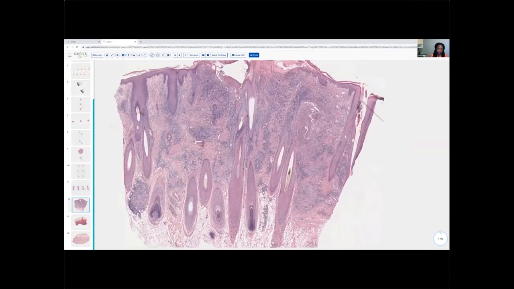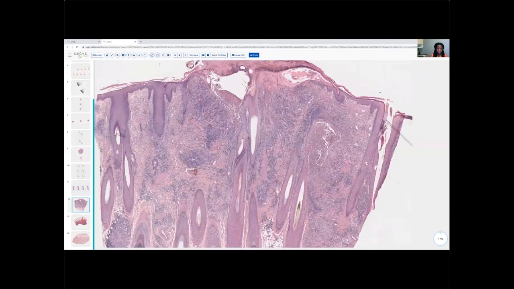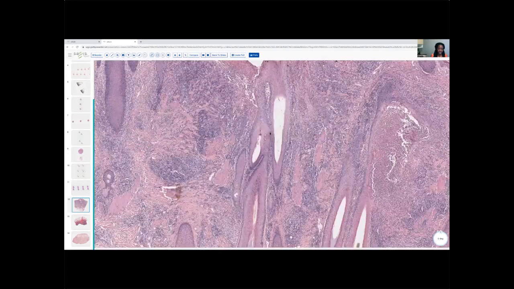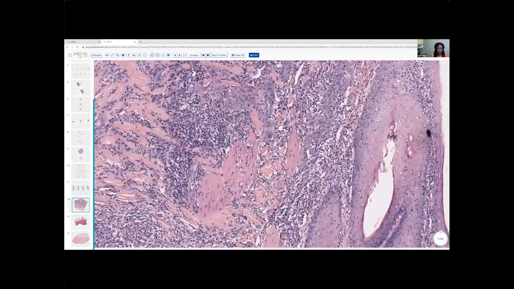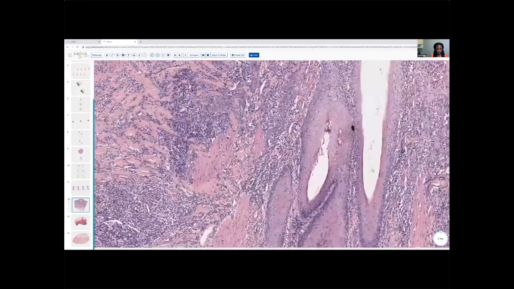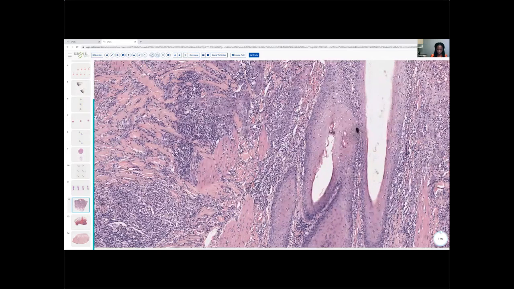Additionally, we have to look at the cell type. When we see all this busyness, we want to know what those inflammatory cells are. And it's like ants teeming all over the place. There are just these neutrophils upon neutrophils upon neutrophils.